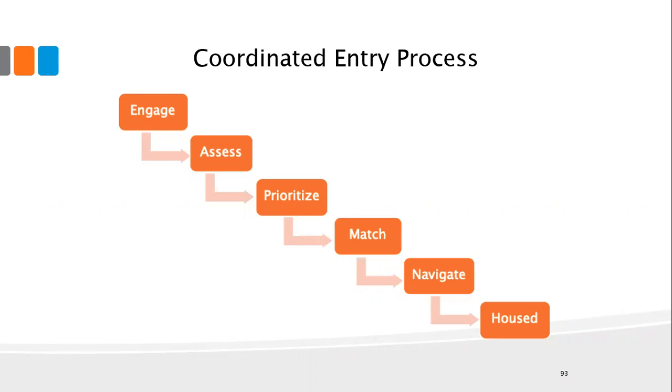And then those households are matched with support service staff to help them navigate the process and support their needs when it's appropriate. Things like getting an ID, proof of income, medical records, things of this nature. And then finally, families and individuals are housed and provided supports to keep them stably housed long-term. Usually this is where the social work and case management supports come in.